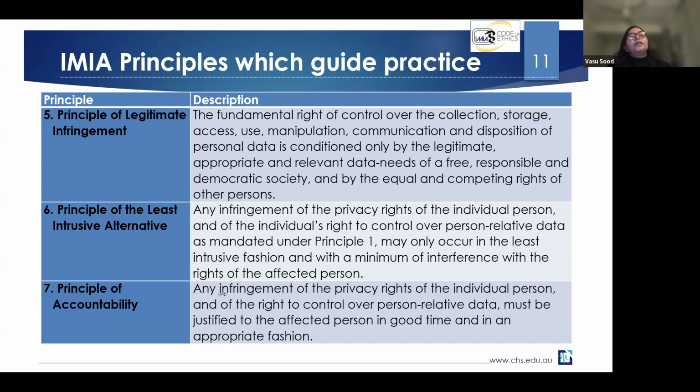The last principle is the principle of accountability, which indicates that any breach of privacy must be explained and justified. If there is any data breach happening with an individual, that should be explained to the individual and it should also be justified what was the reason why it happened.